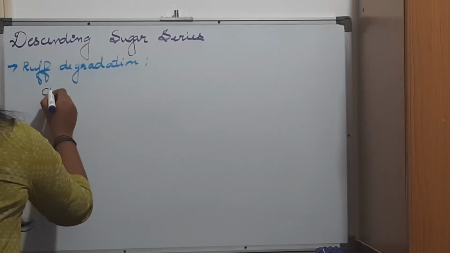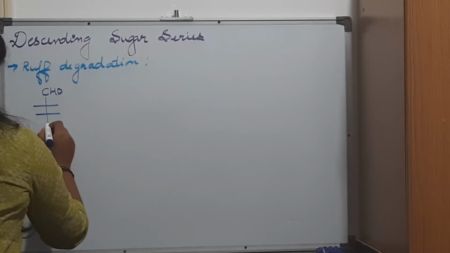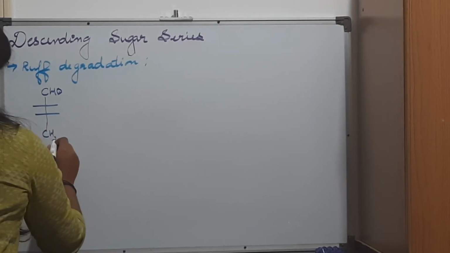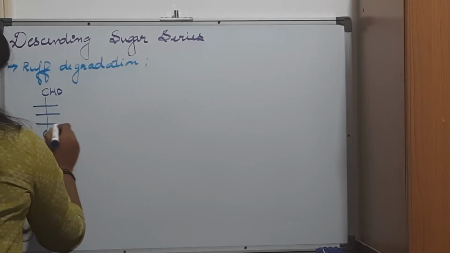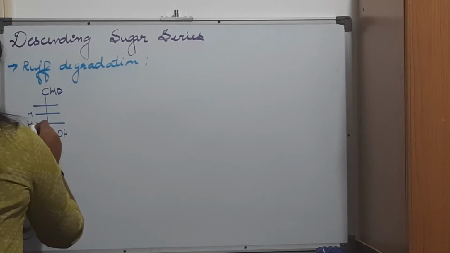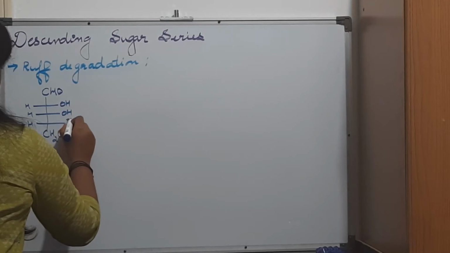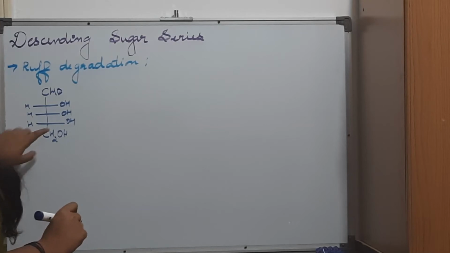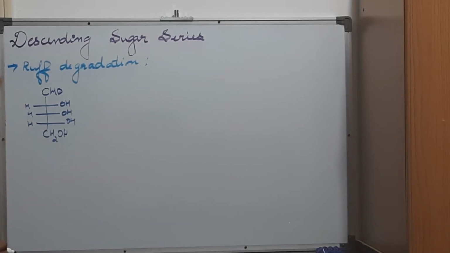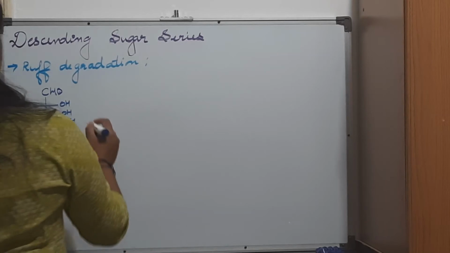So if I consider an aldopentose, CHO, and then OH, right, 1, 2, 3, 4 and 5 carbons. This is an aldopentose. For Ruff degradation, for reducing the chain length, the first thing that I'm going to do is treat this with bromine water.